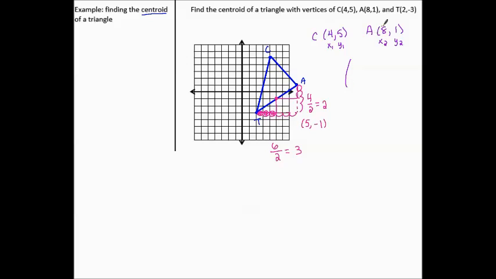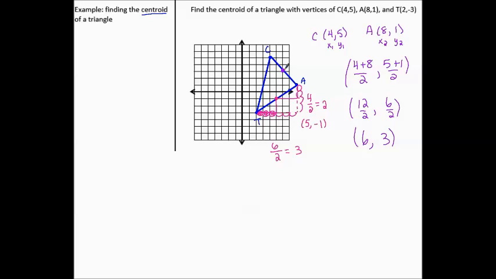So my x's are combined, 4 plus 8 divided by 2, and I take the average of my y's as well. 5 plus 1 divided by 2, and simplify. 4 plus 8 gives me 12 over 2, and 5 plus 1 gives me 6 over 2. 12 divided by 2 is 6, and 6 divided by 2 is 3. So at (6, 3), I find my second midpoint.